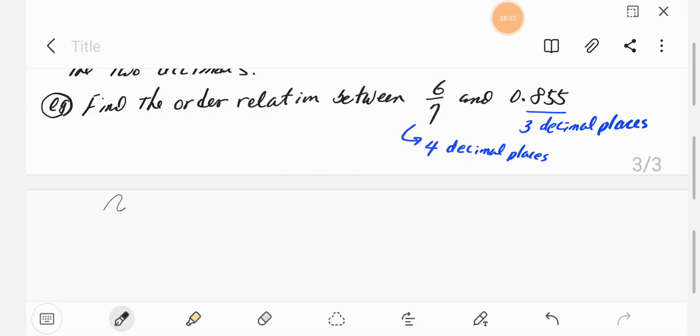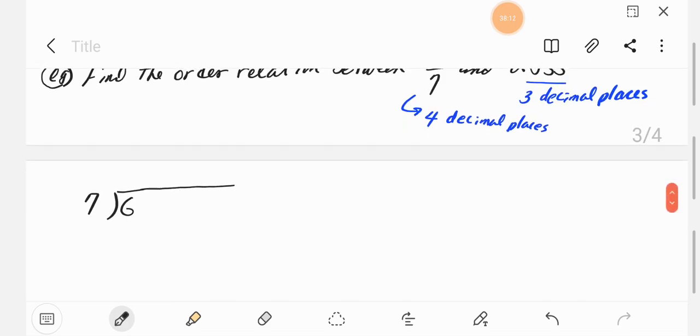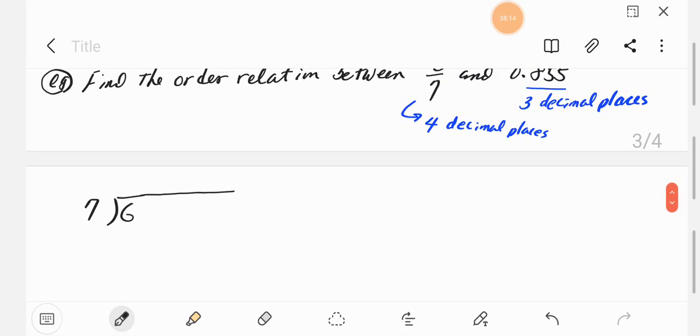So 6 over 7. Let's divide 6 by 7, and then we will go up to 4 decimal places. So the decimal point is here, 1, 2, 3, 4. All right, 0 point.